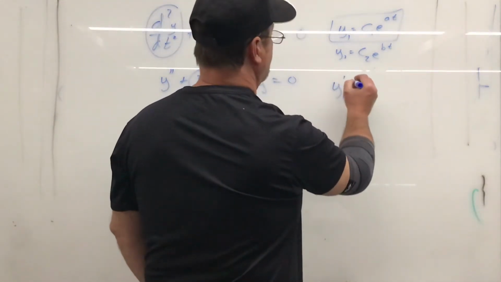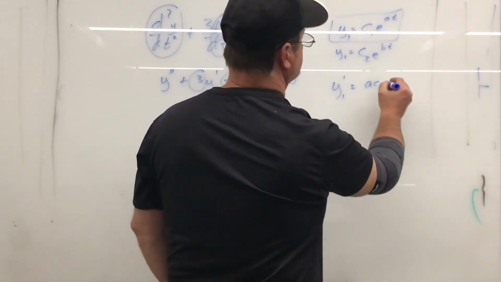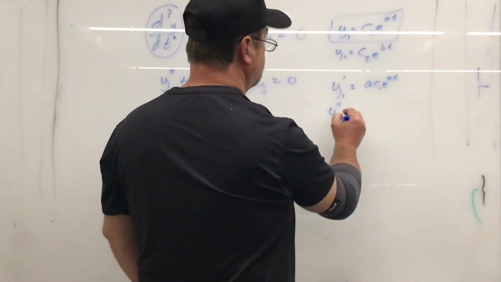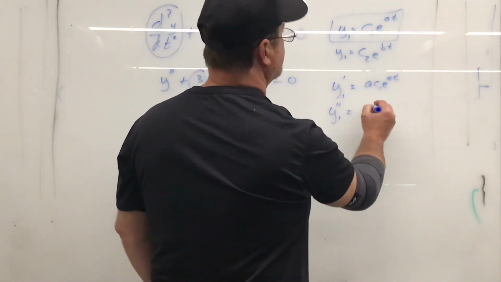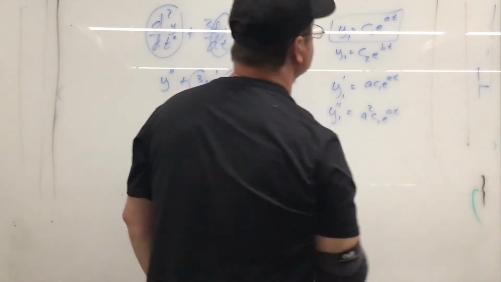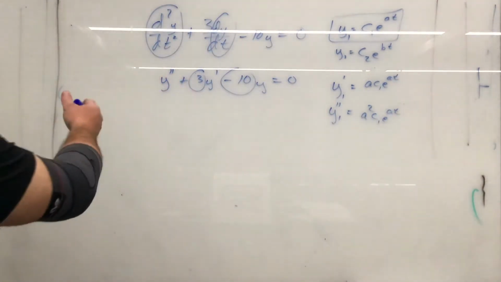then y1 prime would be a c1 e to the at, and y1 double prime would be a squared c1 e to the at. Just taking derivatives of an exponential, right? And I'm going to plug those things in here.